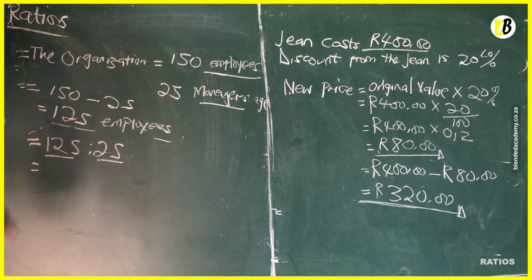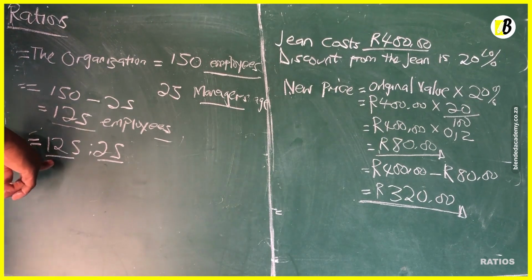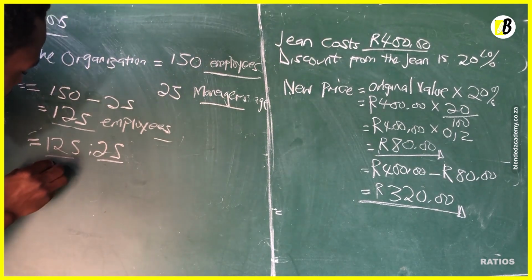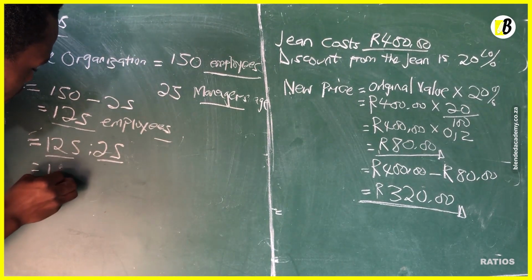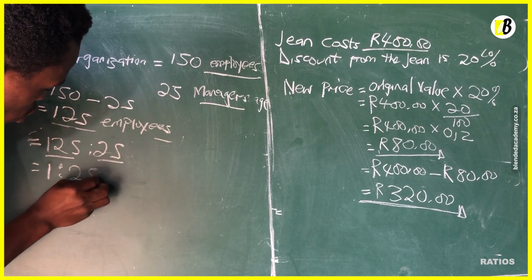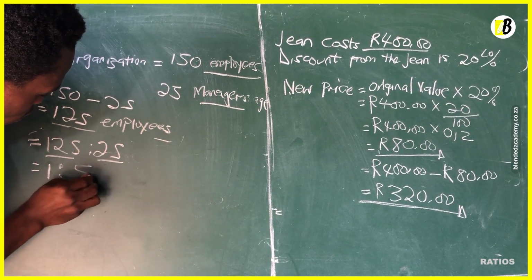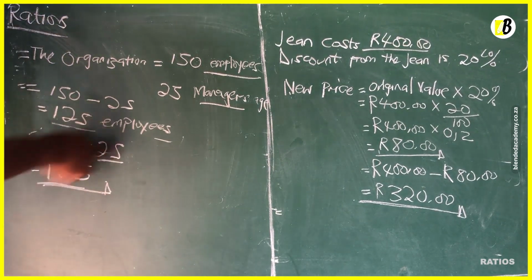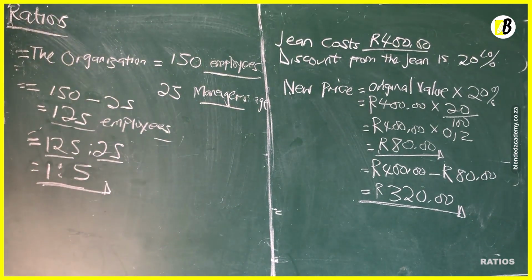How many times does 25 go into 125? It goes 5 times, right? So now your ratio is going to be 1 is to 5. So that is going to be your final ratio for that kind of example.